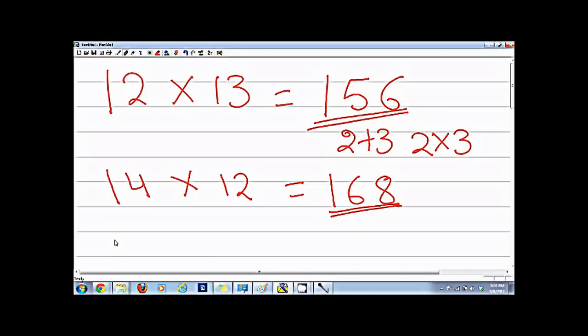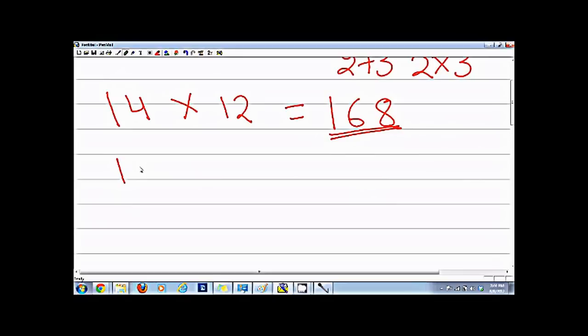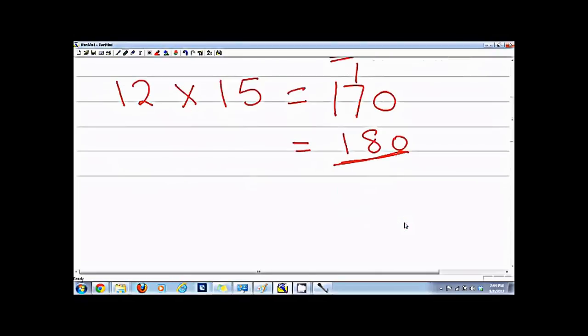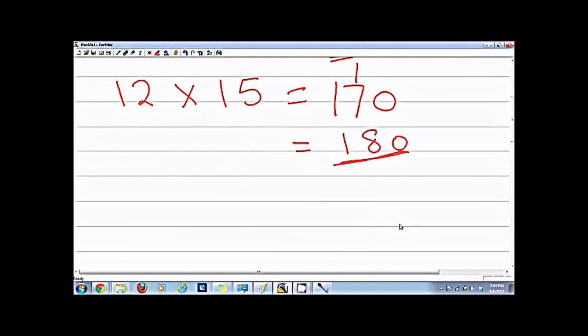For example, if I have 12 and I want to multiply by 15, I will write 1, and then I say 5 plus 2 is 7, but 5 into 2 is 10, so I will write 0 here and take 1 as a carry on, so the answer will be 180. So this is a little trick that you need to remember for doing this kind of multiplication.